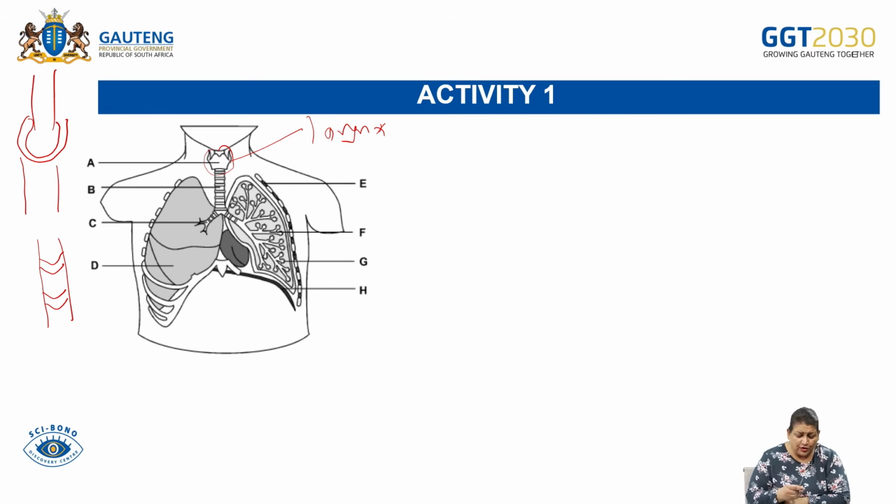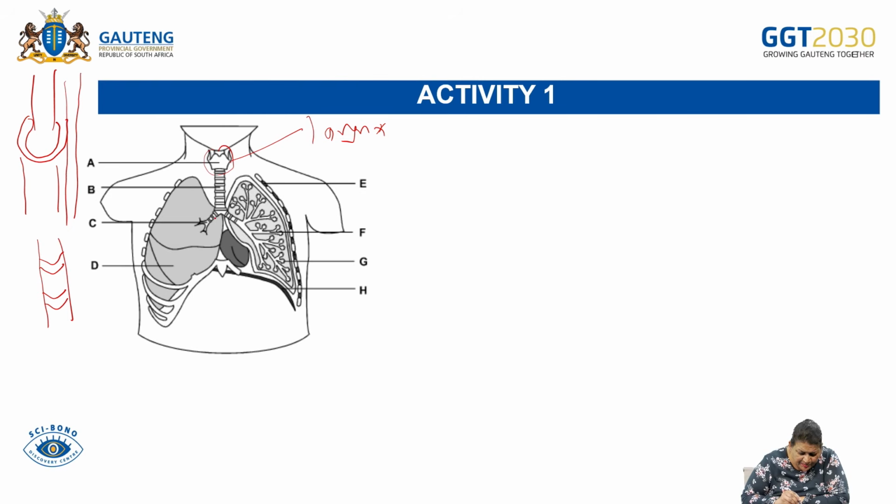Because remember, the esophagus and the trachea are very close together. So when we're swallowing food, the food bolus mustn't protrude and injure the trachea. So the trachea is well protected by these C-shaped cartilaginous rings. So B is pointing to the trachea, but that little ring on top there is a C-shaped cartilaginous ring that ensures that the trachea is kept open at all times.